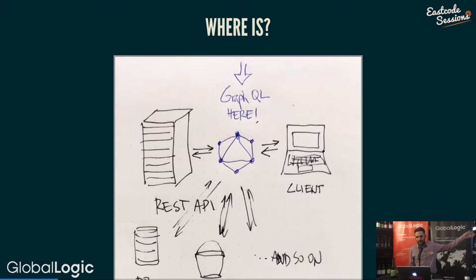So GraphQL is meant to pull all those things together and serve your client, or maybe you could have multiple clients. I forgot to draw a little phone. And nowadays it's very difficult to draw a phone because it's just a rectangle basically. You could have different clients pulling from the same GraphQL server and have that serve data from all kinds of APIs. So this is why it's cool.